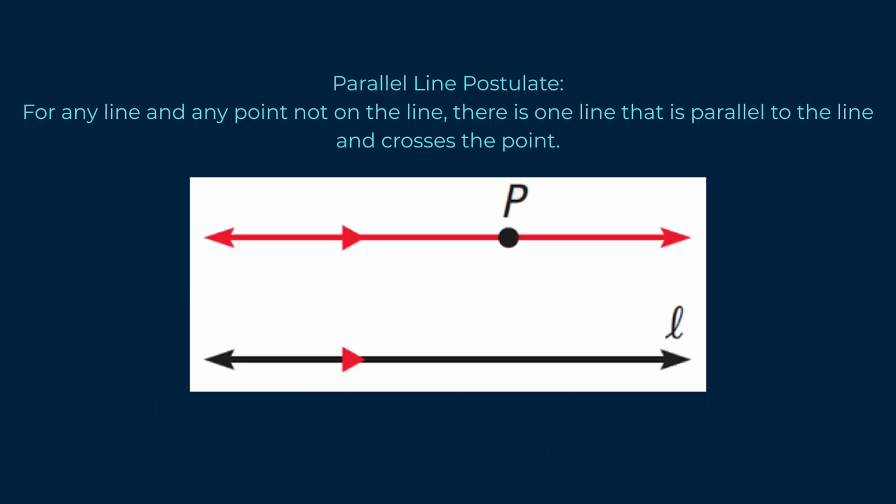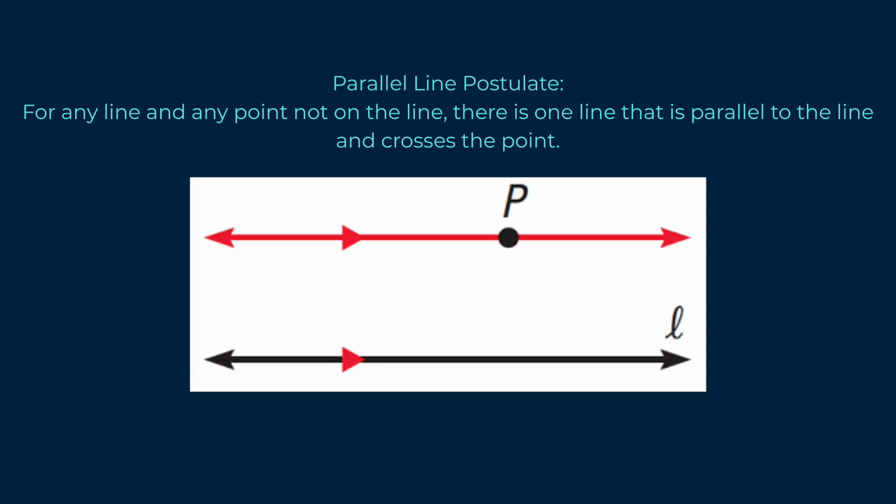Alright, let's take the first postulate, one of the most important postulates of geometry, the parallel line postulate. For any line and any point not on the line, there is one line that is parallel to the line and crosses the point. If you want to try this out, just draw a random line and a point on a piece of paper and try to draw a straight line that does not intersect the line but intersects the point, meaning that they're both perfectly straight.